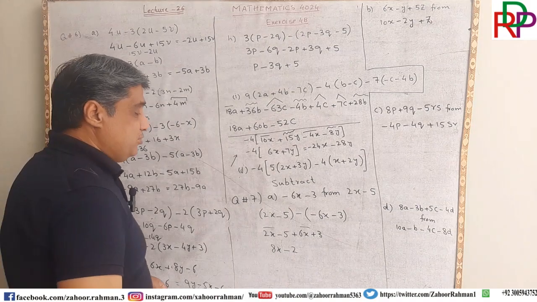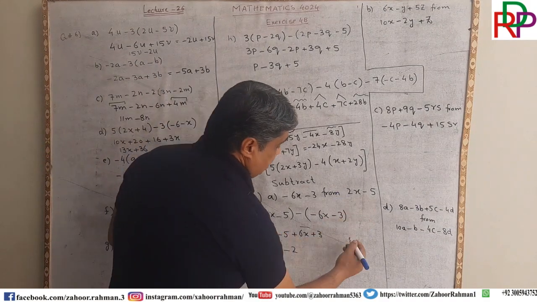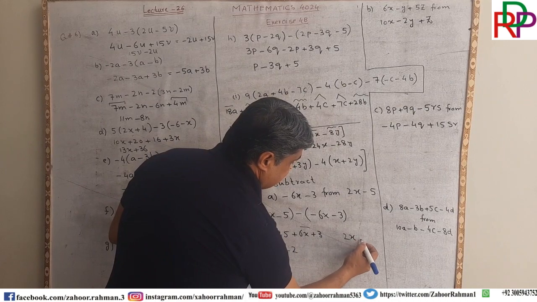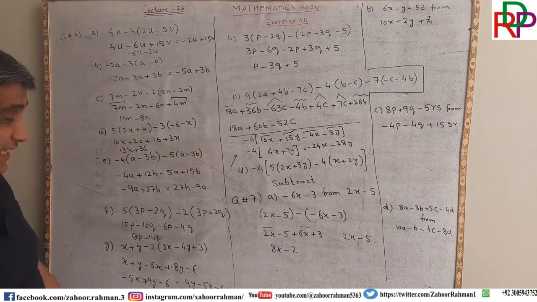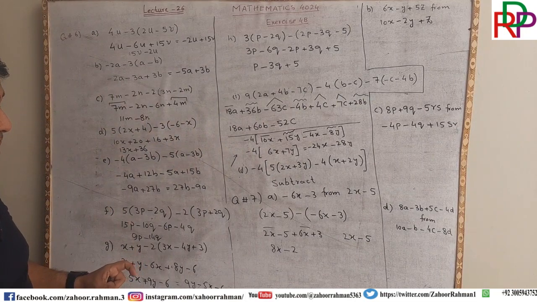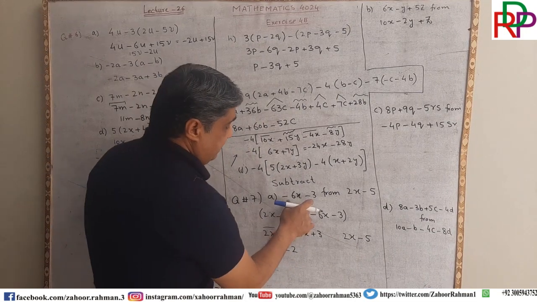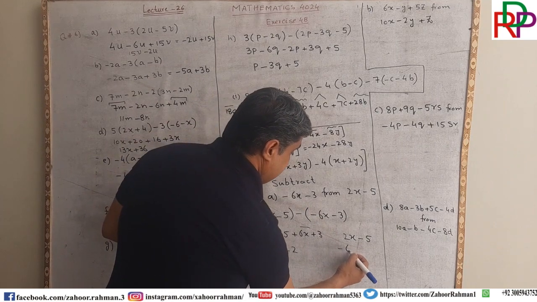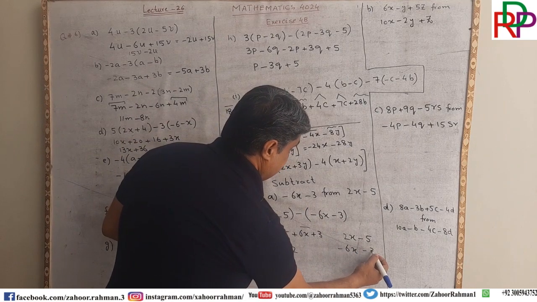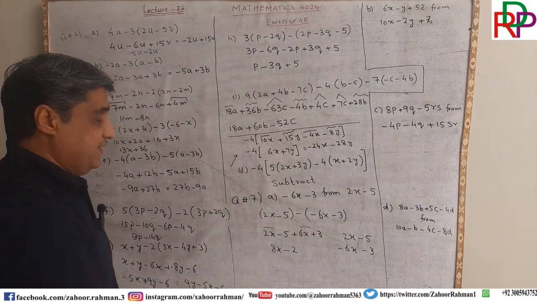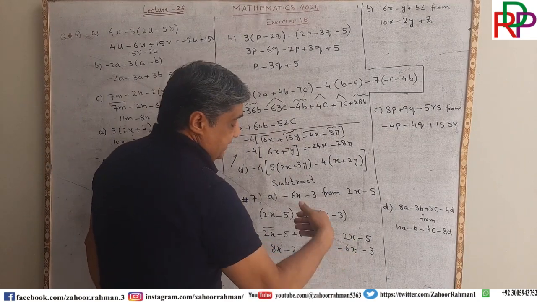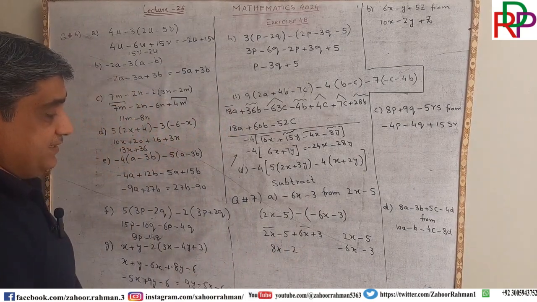Many people are doing it with the second method. You have to write 2x minus 5 in this case as well as the first expression. And then you have to write this, minus 6x and minus 3. Constant should be beneath constant and variable should be beneath the same variable.